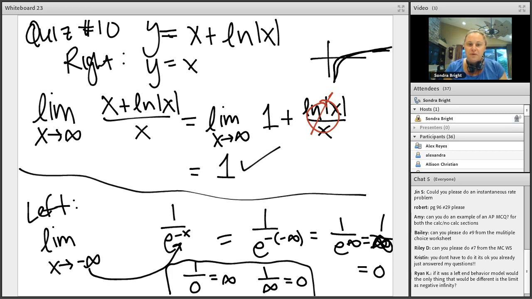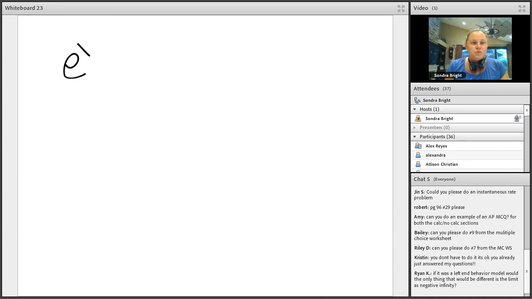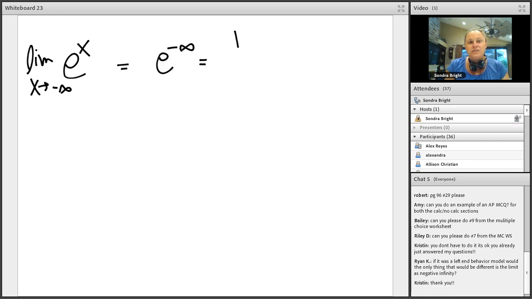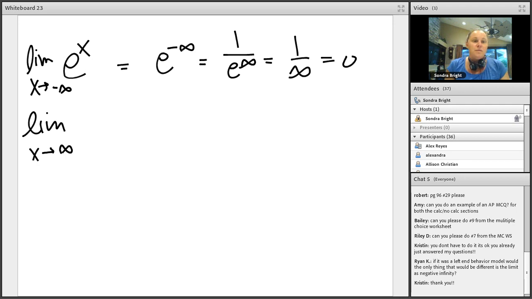So be careful with that, right? It depends on if you had an e to the x, but as x goes to negative infinity, that's going to be like e to the negative infinity, which is like 1 over e to the positive infinity, which is like 1 over infinity, which is 0, versus the limit as x goes to positive infinity of just e to the x, that's like e to the infinity, which is almost 3 to the infinity power, which ends up being infinity.